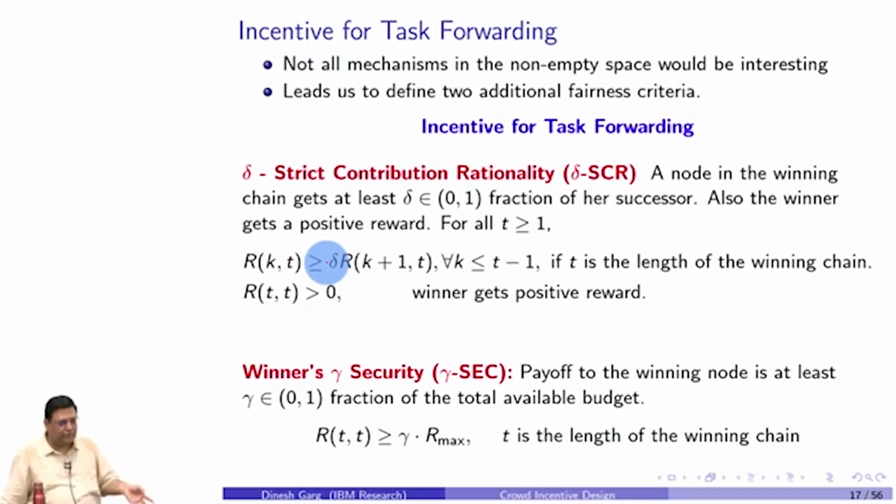Otherwise, what's the incentive for me? So this condition you can impose by putting this kind of inequality that R_k(T) is greater than or equal to delta times R_{k+1}(T), where R_{k+1}(T) is the reward of the person whom I hired, right? And I should get at least delta fraction, then I'll not be upset at least, right? Similarly, R(T) is greater than 0, okay? And so this we call delta strict contribution rationality.